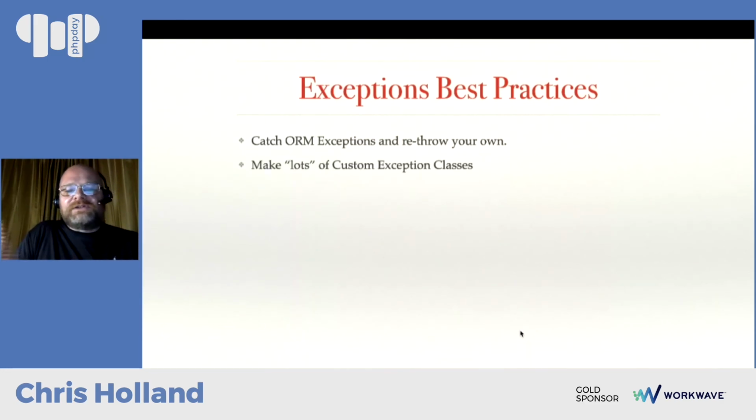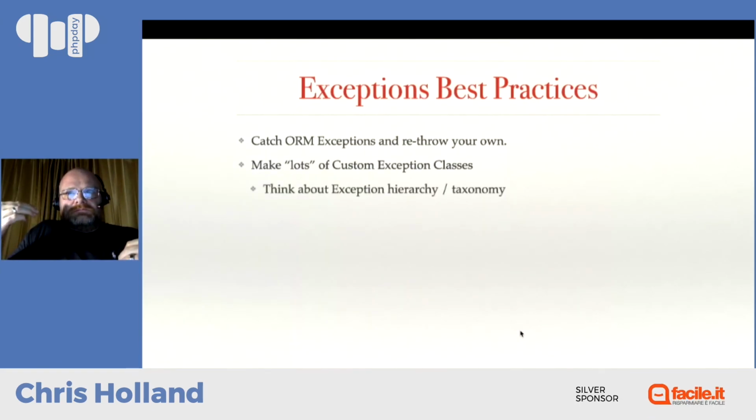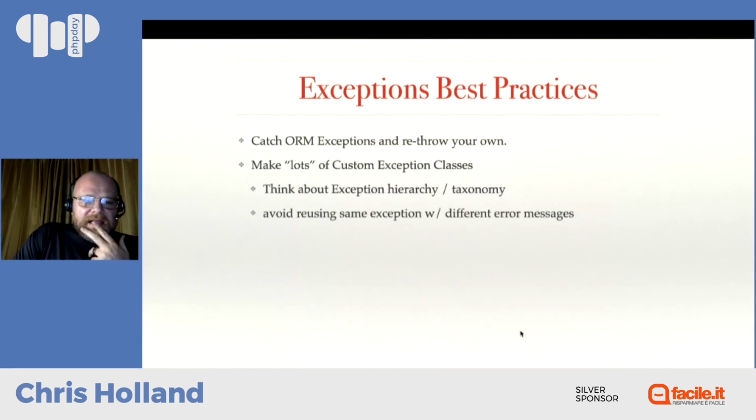I like to make lots of custom exception classes. It gives me more options when there's an exception hierarchy and a taxonomy to catch them. I'm going to show you a little bit later what that looks like. Also, it avoids reusing the same exception with different error messaging, right?